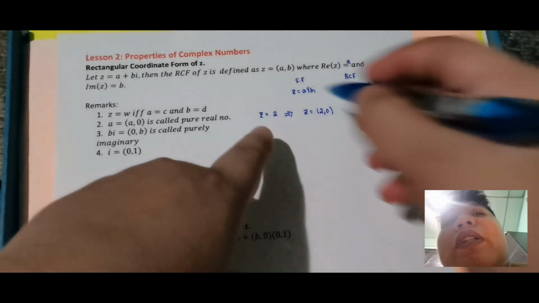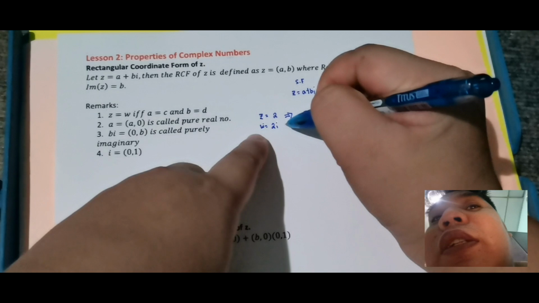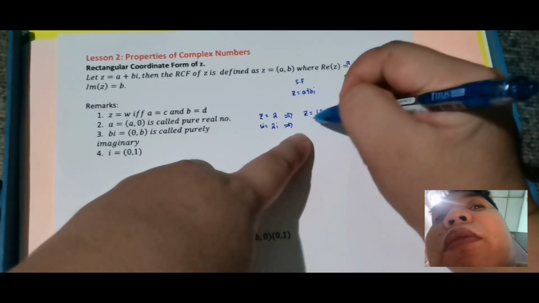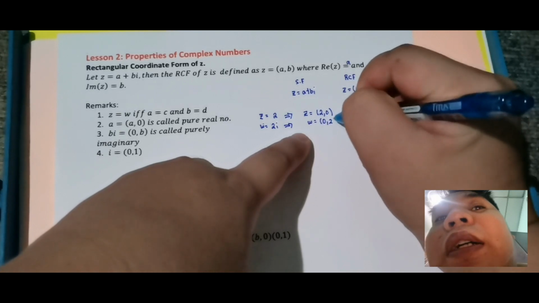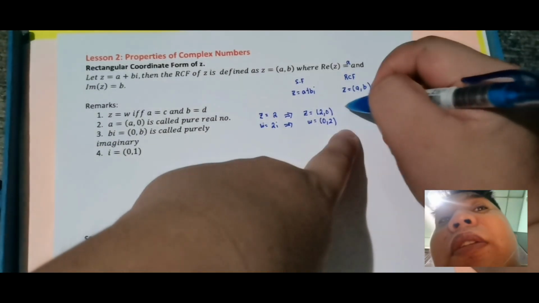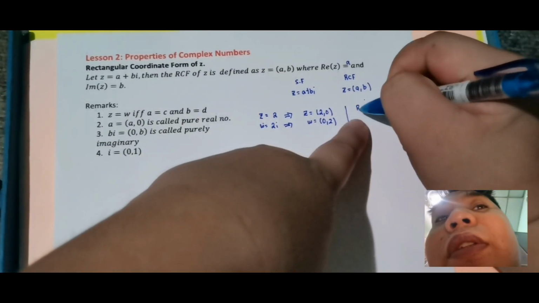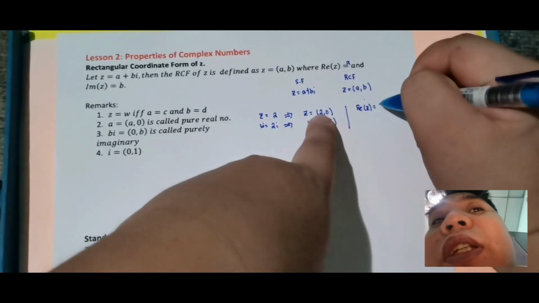Okay, so ito naman yung, for example, w is equal to 2i. So that is simply w is equal to 0, 2. Ito naman, naka-attach pa yung i. Okay, so again, naka-attach pa yung i dyan. So, lagay ko lang dito, ano yung real part ng z? Yung real part ng z natin dyan is yung first coordinate, which is 2.